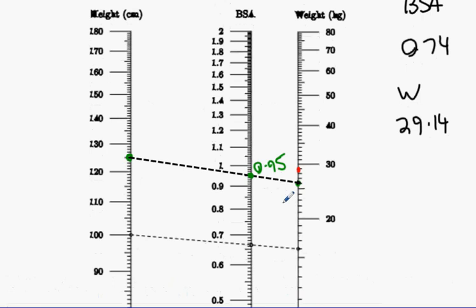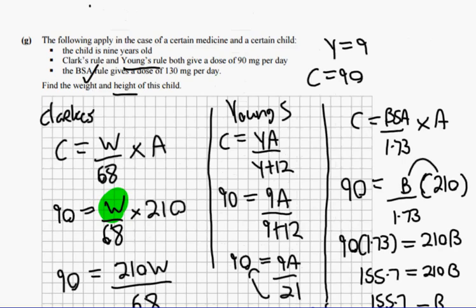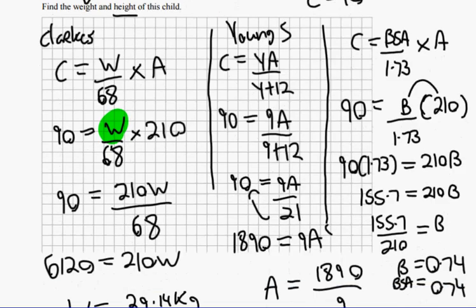Go to your BSA of 0.74. This is an unusual one. Sorry guys, excuse me. And this last question, sorry guys, that one makes no sense there.